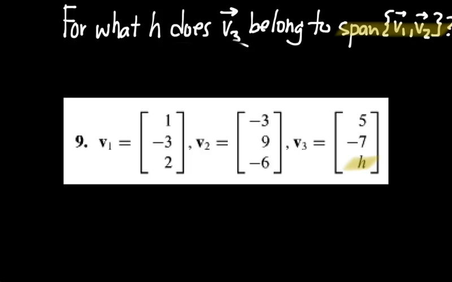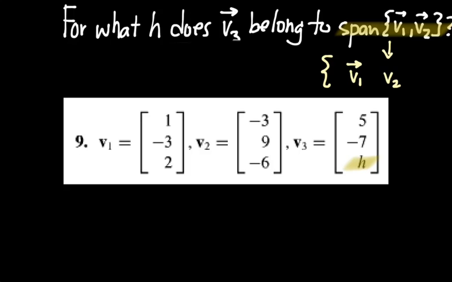So let me ask you, what does the span of V1 and V2 mean? It is those vectors multiplied by another number and added together. Right. In other words, the shorthand for that is linear combinations of V1 and V2. So this is the set of all linear combinations of the vectors V1 and V2.